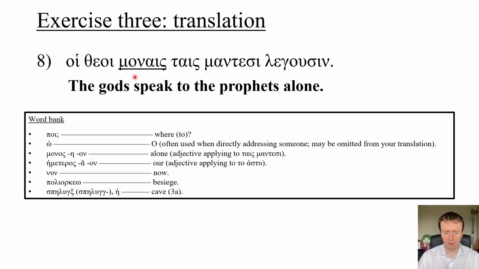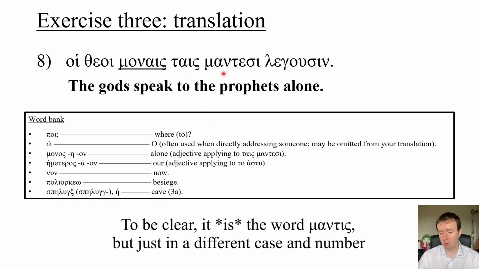Now, after that we've got monais tais mantesi. Monais is a form of the adjective monos, which I told you is applying to tais mantesi. When we cover adjectives, I shall explain how we know that an adjective is applying to a certain noun, but here I told you that it's going with or applying to tais mantesi. So, let's look at tais mantesi.